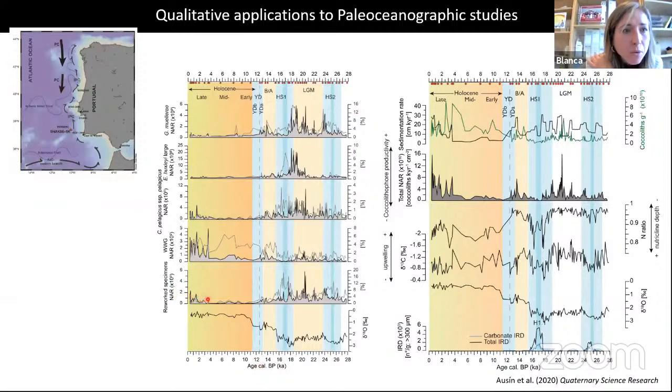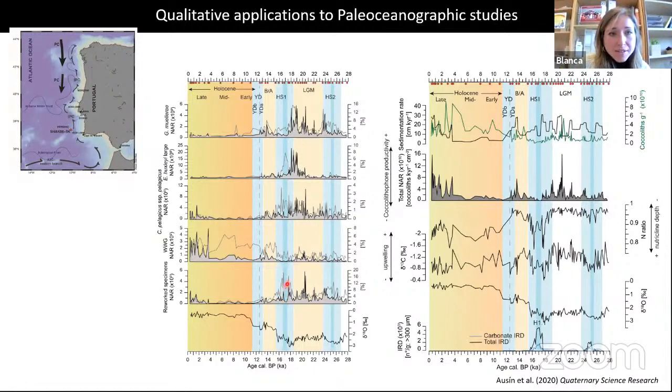Yeah, so reworked specimens. What I usually find, especially in this region, in the Southwest Iberian margin, is that they become more abundant in the nannofossil assemblage during Greenland stadials. And this has been attributed to lateral transport by intermediate nepheloid layers during these periods, because the intermediate nepheloid layer was a little bit deeper, and then it was raining these laterally transported particles over our site.